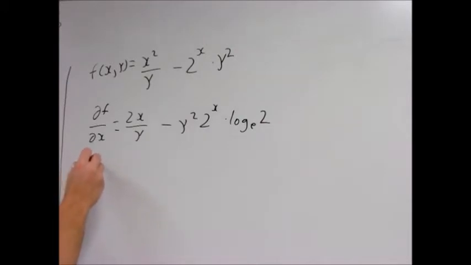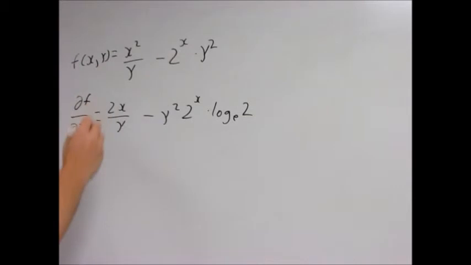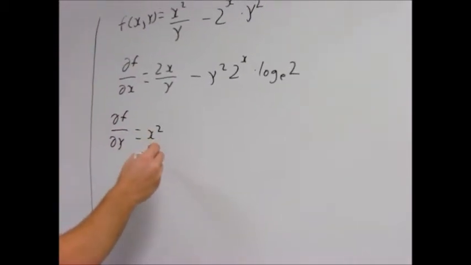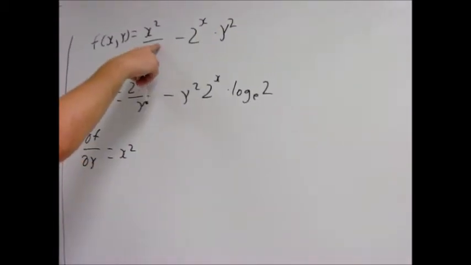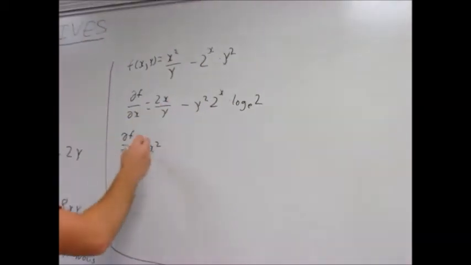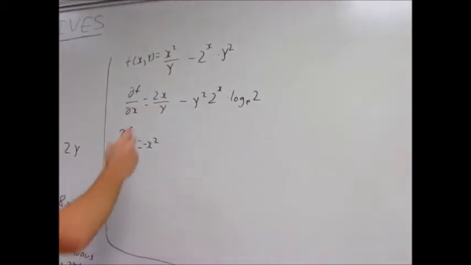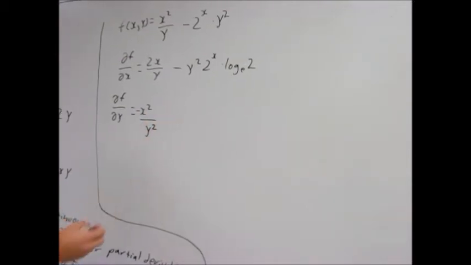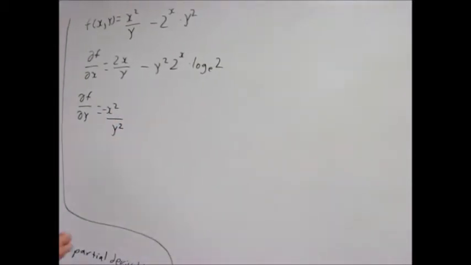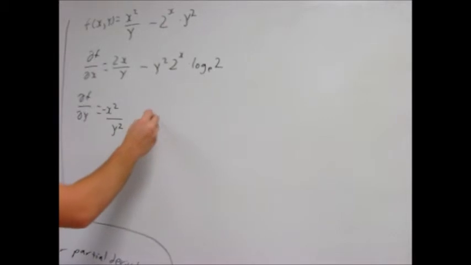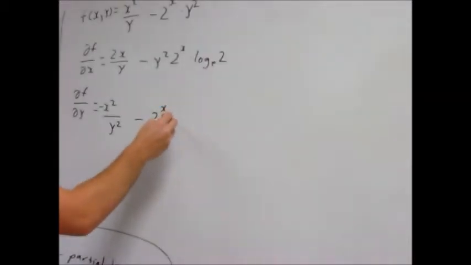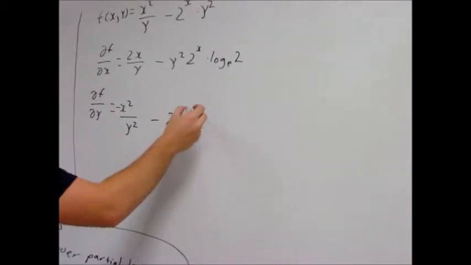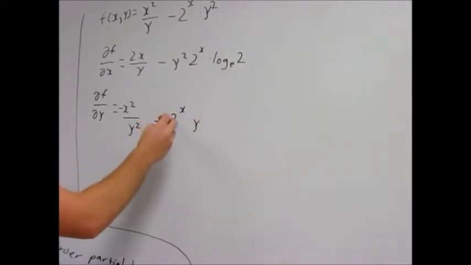Derivative with respect to y, well, this is going to be x squared times, well, if this is y to the negative 1, bring down the negative and it becomes y to the negative 2, so that would be negative x squared over y squared, minus 2 to the x, y squared becomes 2y.